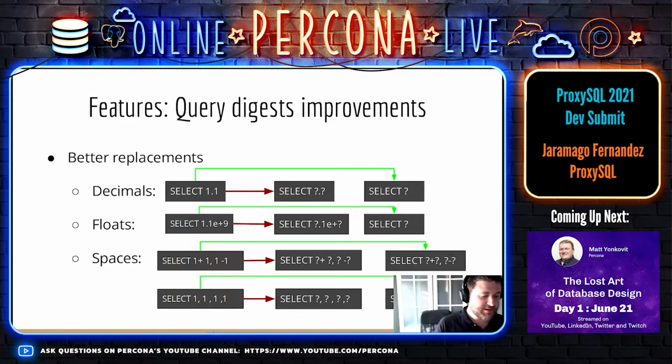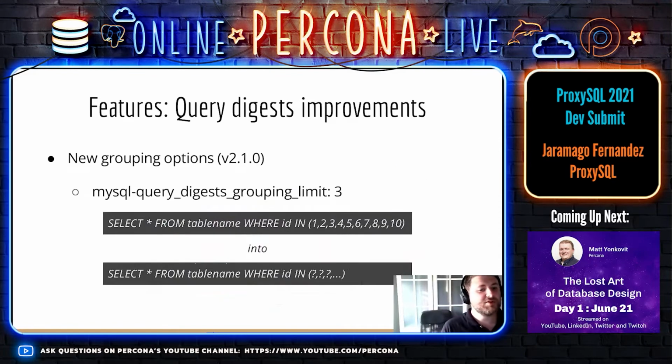So you see decimals, floats, spaces, but we also introduced new grouping options like the one that you can see there. mysql-query_digest_grouping_limit allows you to compress any groups of values into the maximum number of values that you care about for that query, thus allowing you to heavily compress the size of the query digest that you are generating.